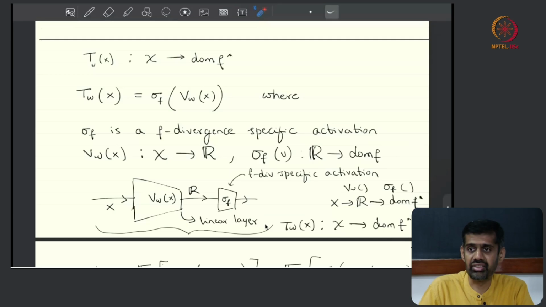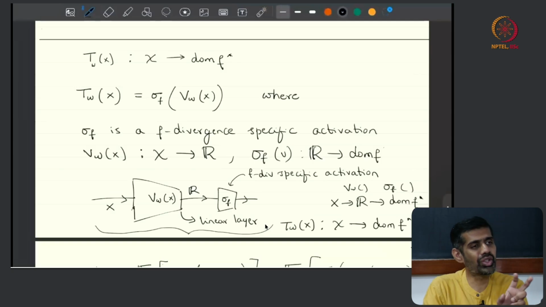It is from x to R, meaning you construct a neural network whose final layer is a linear layer, so that the range of this V w of x function will be R. Since the f functions that we are looking at always have scalars as the range, it is okay if you have R as the range of this neural network with linear activation, and then you compose that with sigma f, where sigma f is a function that takes R and projects it to the domain of f star.